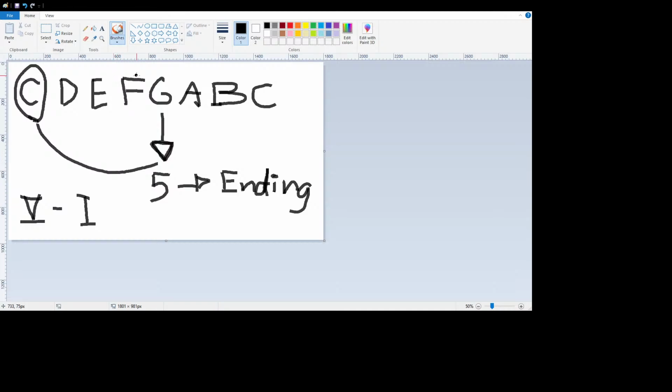Now let's talk about the other functional chord, which is the 4th, which is F. So the 4th is like a support for the 5th, to really nail it home, like it's an ending.